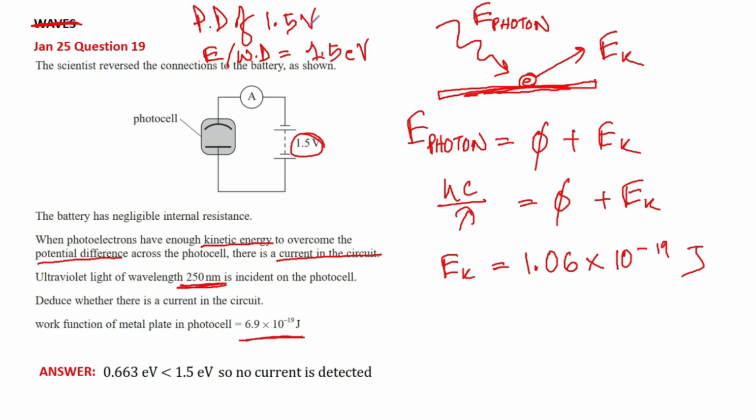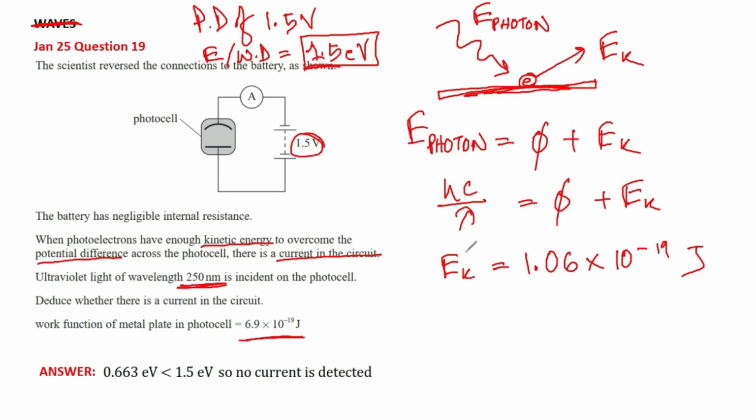So what it basically means is, if you give 1.5 volt energy to an electron, it will have 1.5 eV amount of energy. Conversely, if an electron has to overcome this amount of work done, it should have a kinetic energy which is greater than this 1.5. But this 1.5 is in eV.